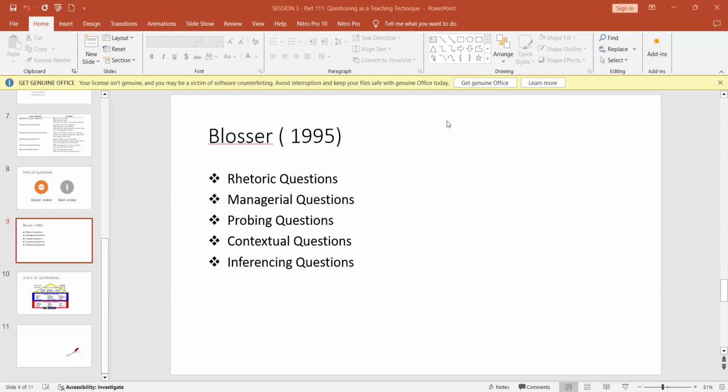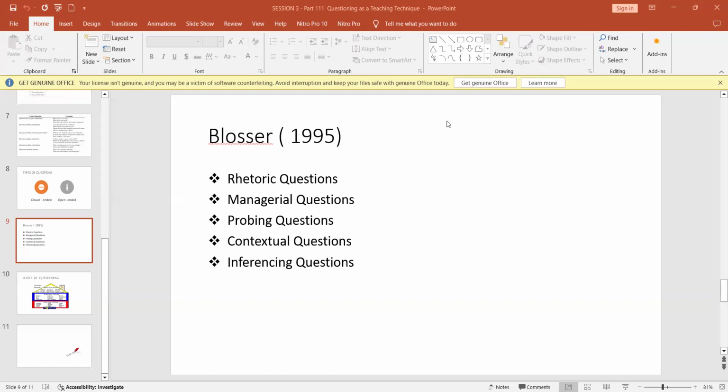Okay. So the next one, managerial questions. Managerial questions by the teacher to manage the classroom. What is meant by manage the classroom? Giving instructions to the activities, to maintain the proper behavior, to start the lesson, to get the students to be seated, to get the students to get into groups, and all that.